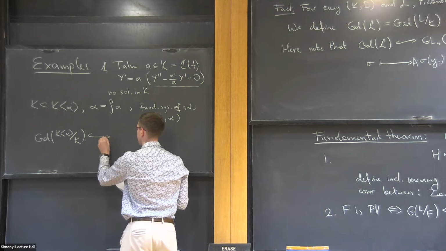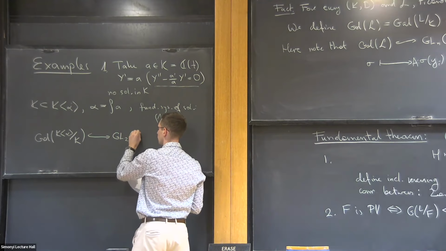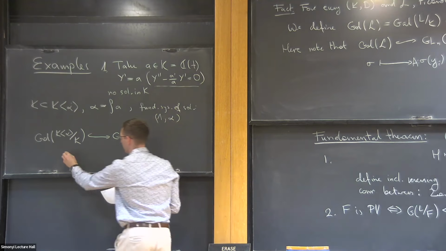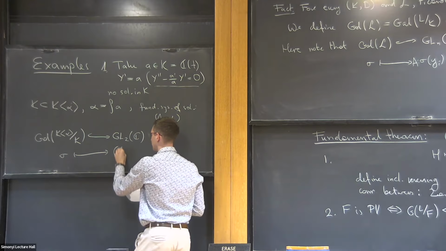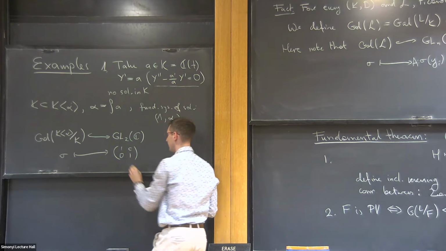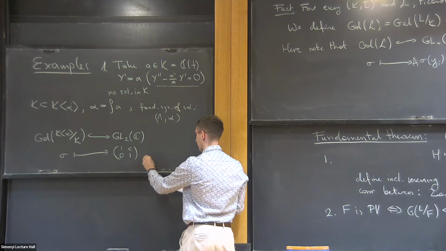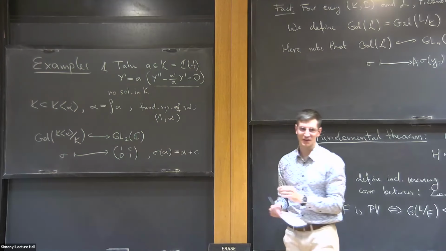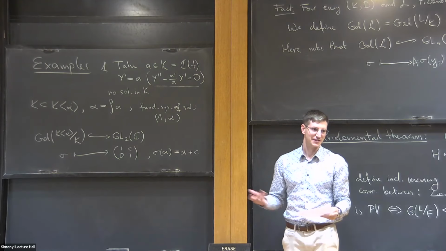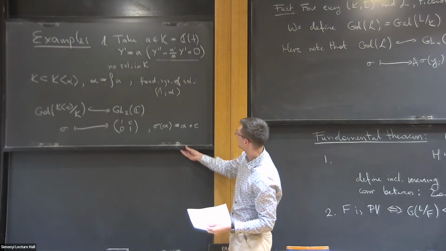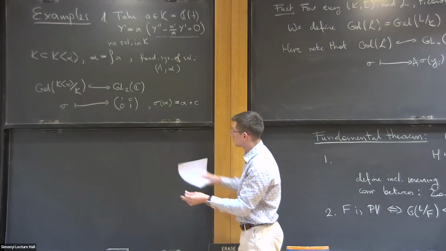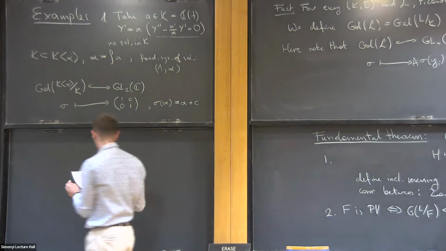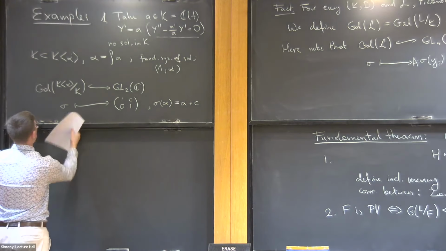So here we embedded in GL_2 of C, and then if I have sigma, it gets mapped to (1, 0; c, 1), where sigma of alpha is alpha plus a constant, because integrals are well defined up to a constant. So here the Galois group is naturally the additive group, but inside GL_2. So this is maybe example 1.